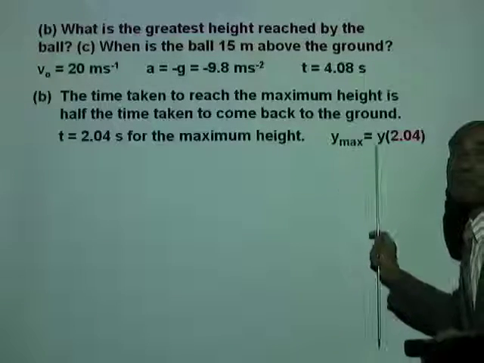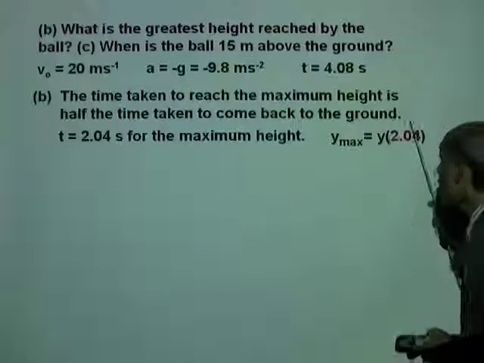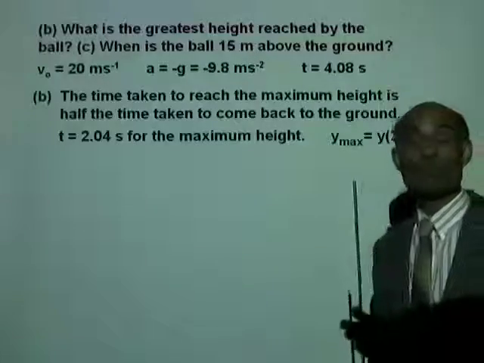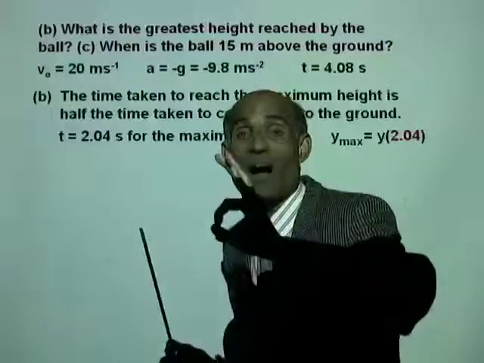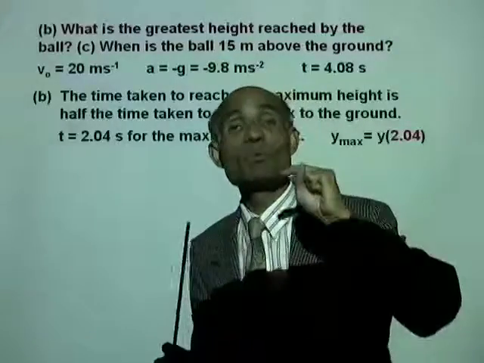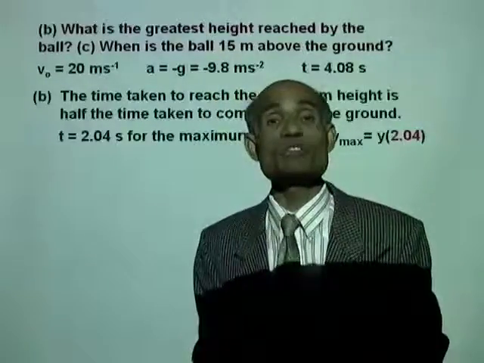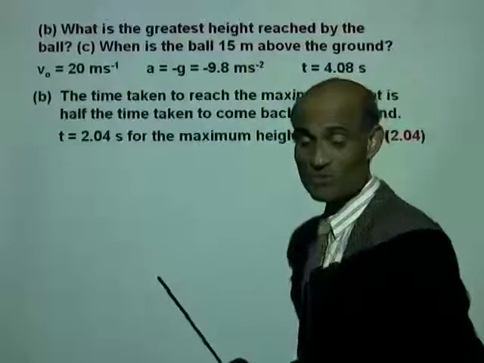Therefore, y max will be y of 2.04. In other words, if you write y as a function of time and put that time equal to 2.04, you will get the value of y.